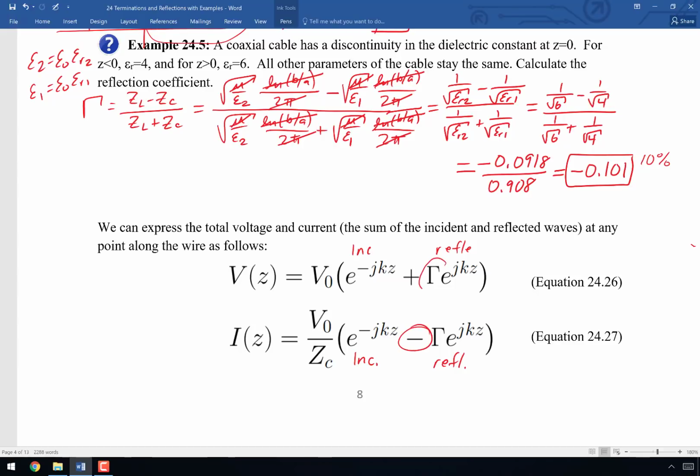And this gamma now is showing the ratio of the reflected wave amplitude as compared to the incident wave amplitude. So to go from voltage to current, you're going to need the characteristic impedance. But to go from incident to reflected, well, that's going to require that you know gamma. And so we have both z sub c and gamma in these equations.